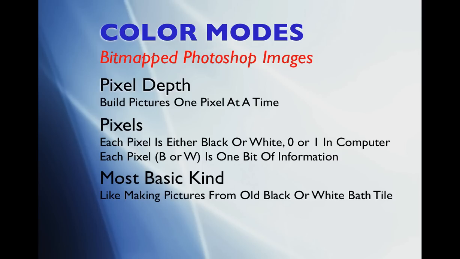You'd more or less put them together in like a checkerboard or a grid fashion, and you could create a rudimentary image of a tree or a house, etc. And so that is the most basic kind. Well, clearly what we're going to talk about is, so how would we get from there all the way up to color images and etc.